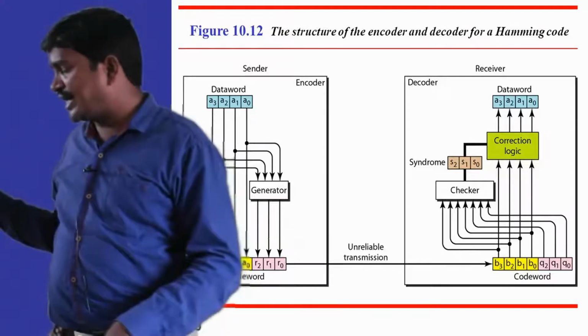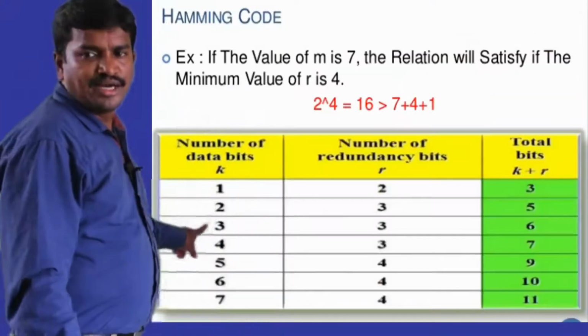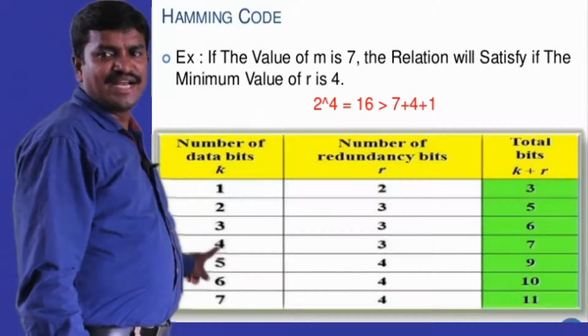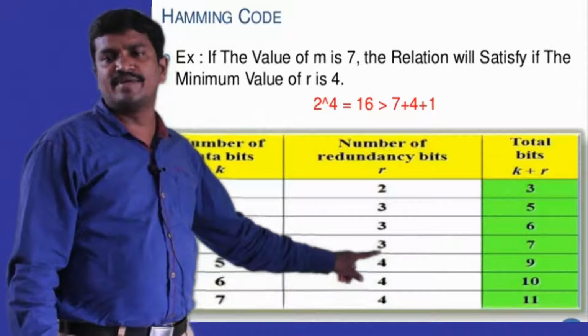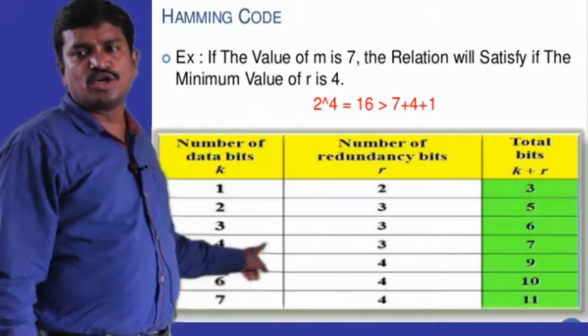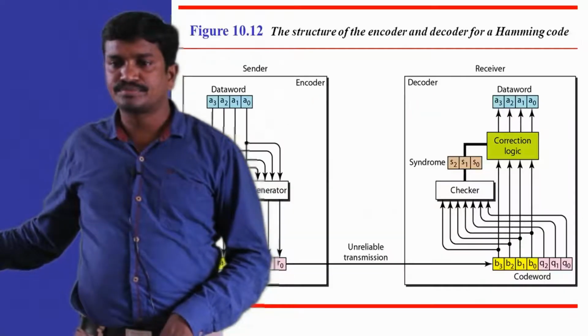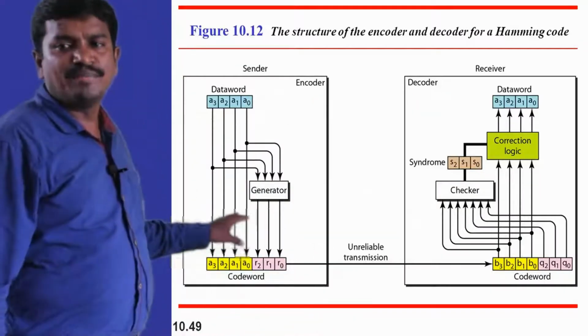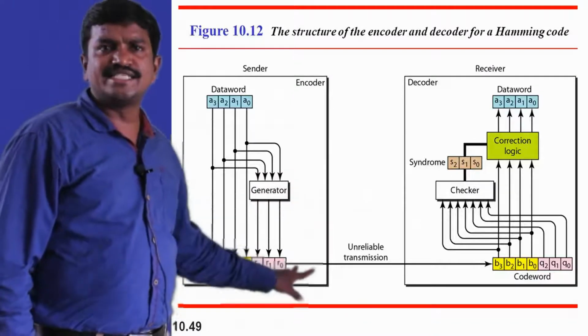Let me show again, go back to the table, see there. Data unit size is 4. When the data unit size is 4, the number of redundant bits is 3. And finally that code word is going to have a size of 7. So the generator has the functionality of calculating these redundant bits.